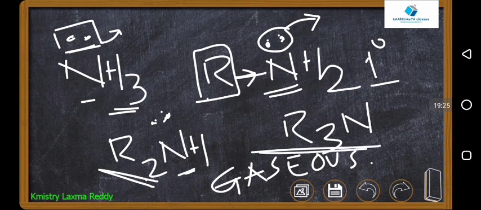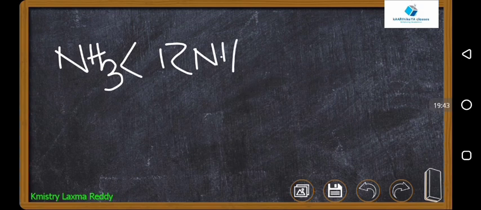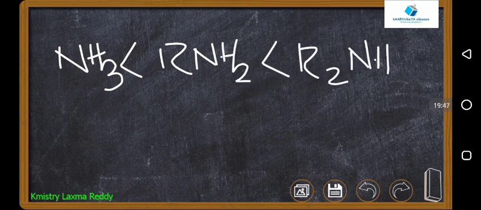Other factors like basic nature and hydrogen bonding affect only the aqueous solution state. Now we are discussing only the gaseous state. Remember, this is only the gaseous state. So in the gaseous state, ammonia is a weak base, RNH2 is a strong base, and R2NH is much better.